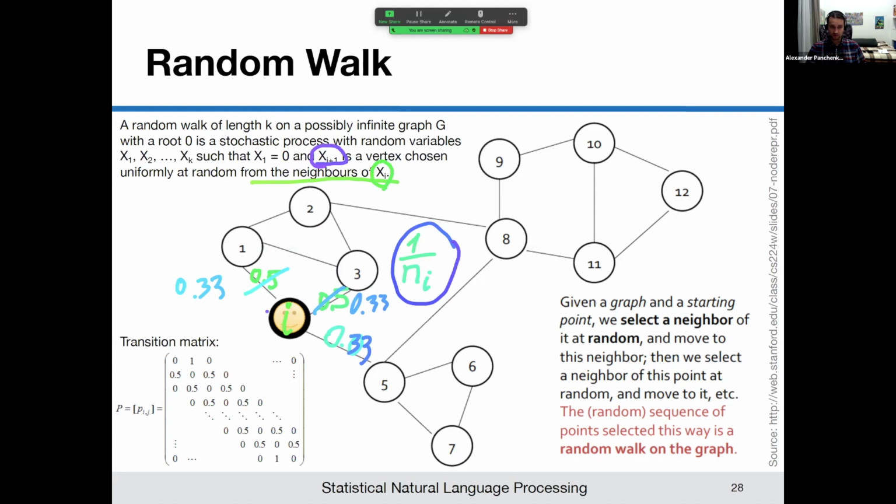So you just toss a coin, and it appears that you are going to perform the transition to node 1. So in this case, the value of this random variable will be 1. But with equivalent probability, it can be 3 or 5.